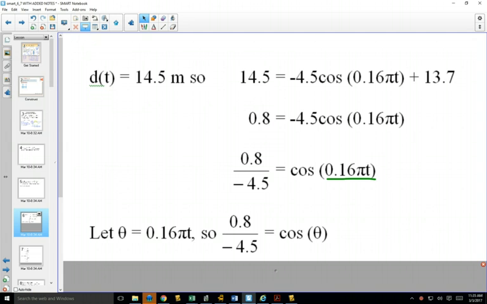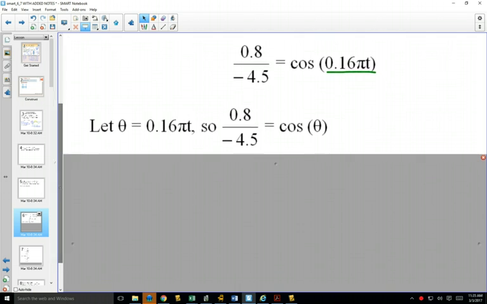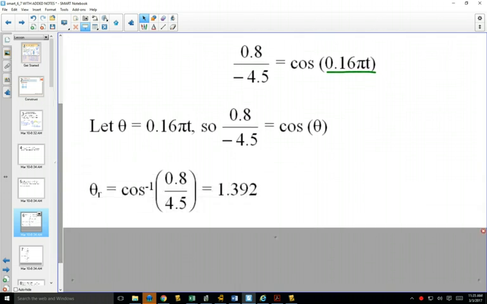And I know how to solve that. Okay? Cos is negative. What quadrants is it going to be in? Quadrants 2 and 3. You'd need to find your reference angle first and then solve it for quadrant 2 and quadrant 3. So that's what we're going to do now. We're going to do cos inverse of that positive value to find our reference angle.